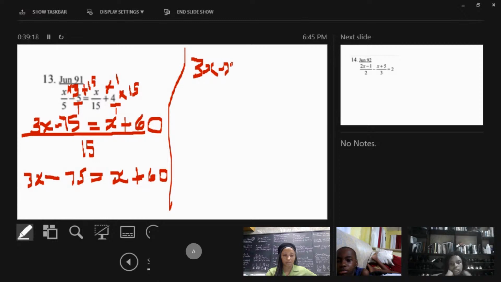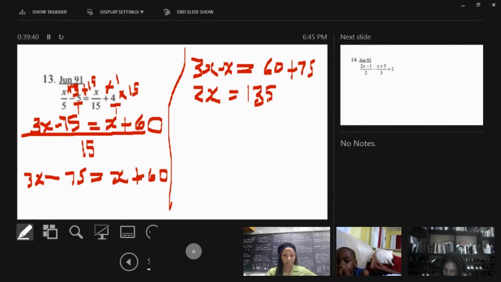So it would be 3x minus x equals 60 plus 75. And 3x minus x is 2x, and 60 plus 75 is 135. So 135 divided by 2 is 67.5. All right, so x is 67.5.